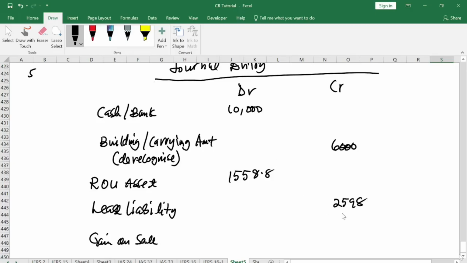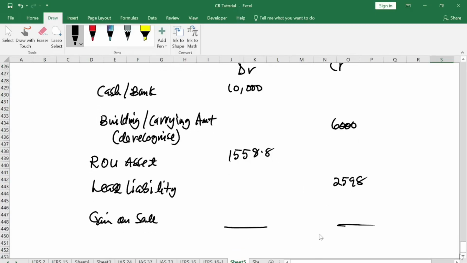So let us look at it. On the debit side, 10,000 plus 1558.8 gives you 11,558.8. Then the credit side is 6,000 plus 2,598, which gives you 8,598.